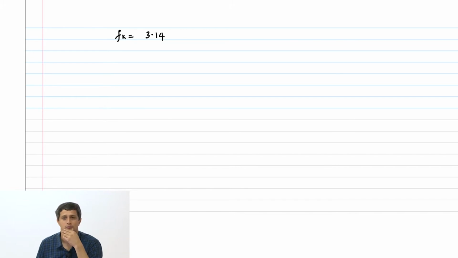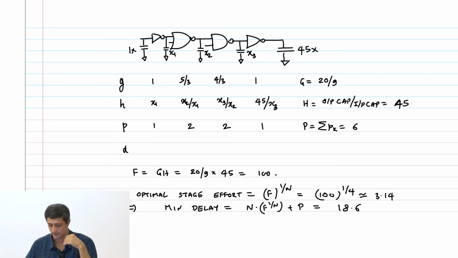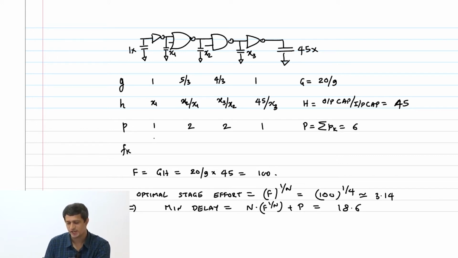Maybe I should just go back and do it there, it makes it easier. Here, the stage effort Fk is G into H. Therefore, this is x1.